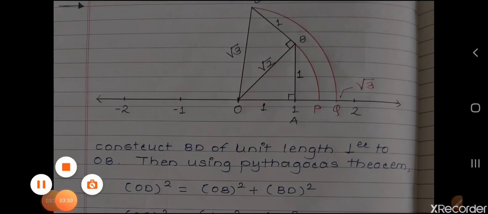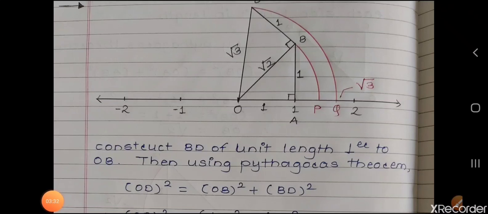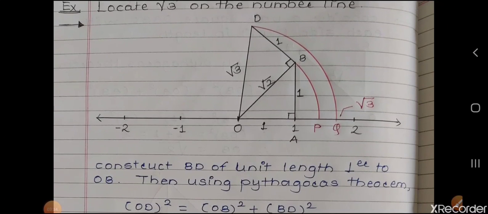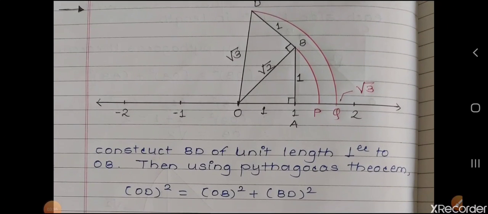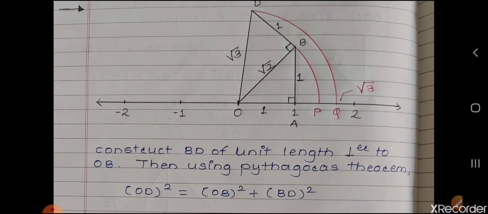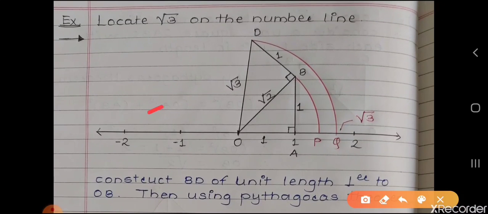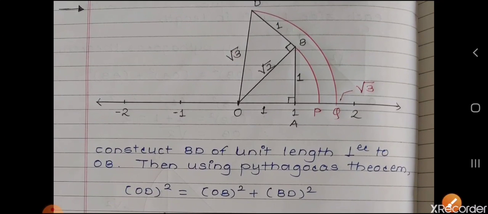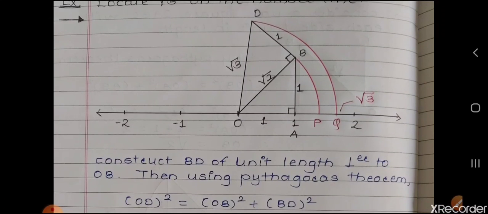In this right angle triangle OBD, by using Pythagoras theorem, OD square, because OD is the hypotenuse of this triangle, and OB and BD are the sides of the right angle triangle. Then OD square is equal to OB square plus BD square.